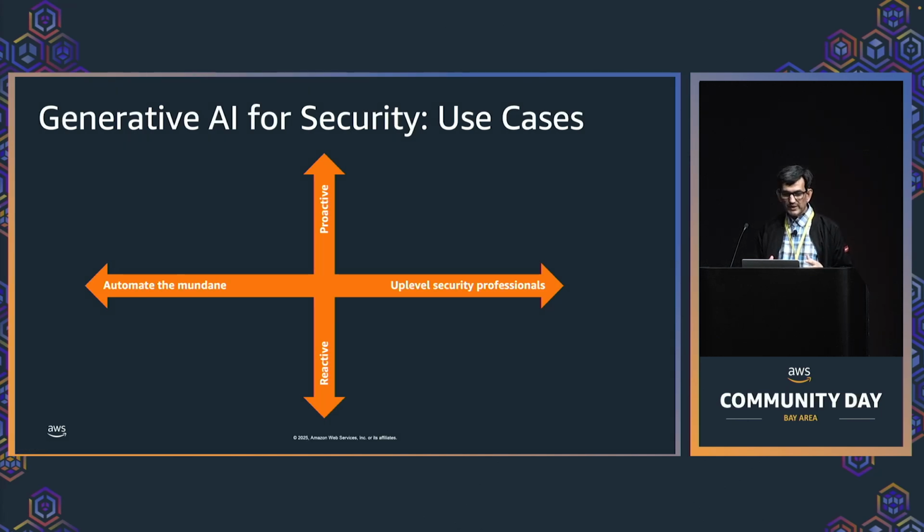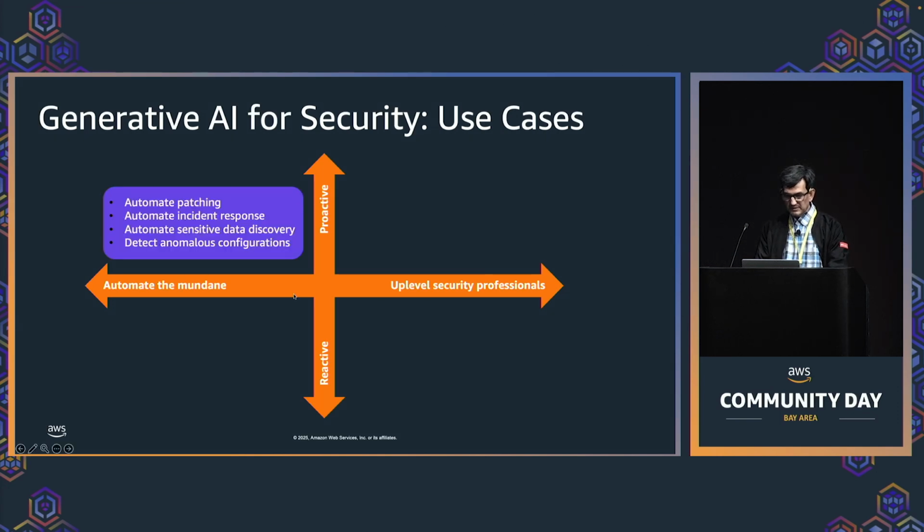Here are a few example use cases. If you look at automating routine tasks, with automation you can already do patching and many other security operations. Now with Gen AI, you can handle further repetitive security operations tasks, such as generating threat intelligence reports, creating compliance documentation, and detecting anomalies in configurations.